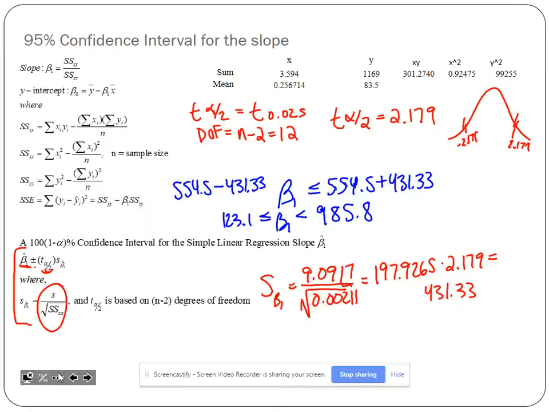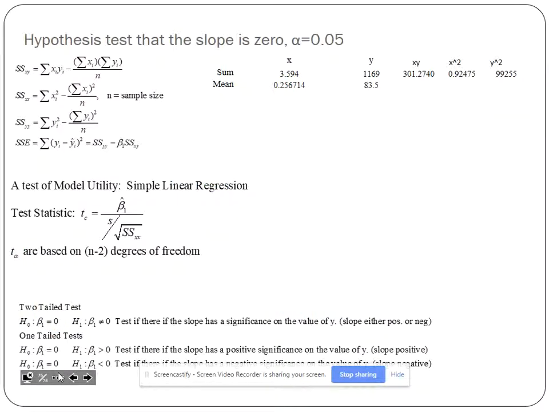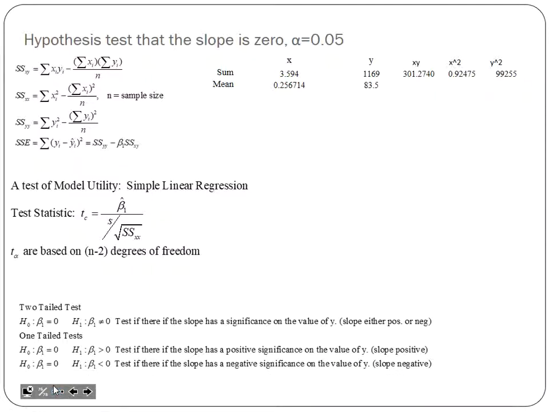Okay, so that's one way to do it. The second way is doing a hypothesis test. And we're doing it the same way. We got a test statistic like we did before. And what we need to determine is what kind of null and alternative hypothesis am I going to do?